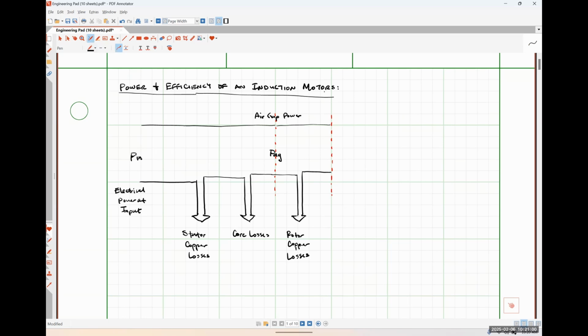At this point in our energy conversion process, we are looking at the developed mechanical power, and I'm going to call that P mech. Now we're going to start talking about our mechanical losses. We are going to have losses due to friction. These are typically lumped together as friction and windage losses.